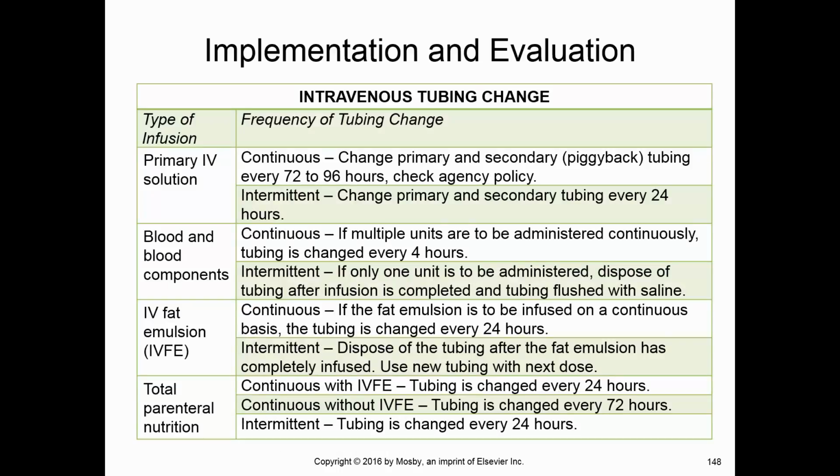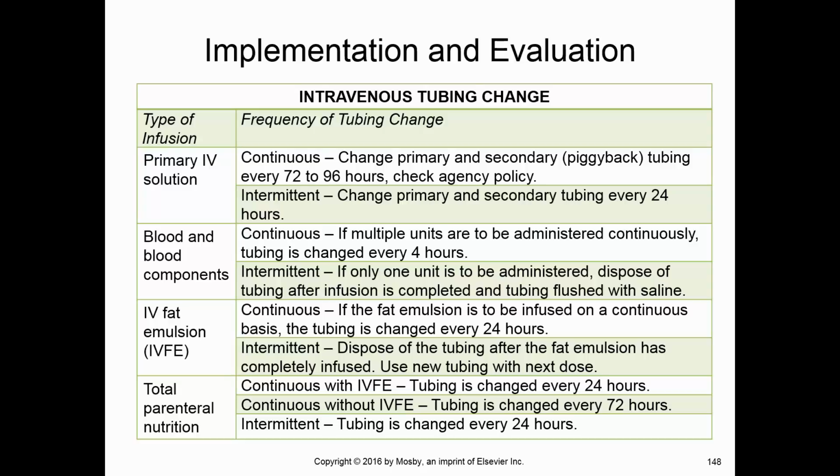Let's see, depending on the type of infusion, how frequently do you need to change the tubing? The hospital will have a policy on that. So usually every 72 or 96 hours. Usually I'm used to every 72 hours. Blood tubing needs changed every 4 hours.